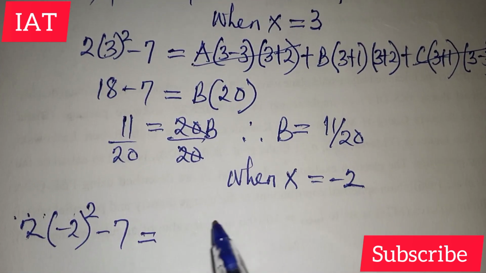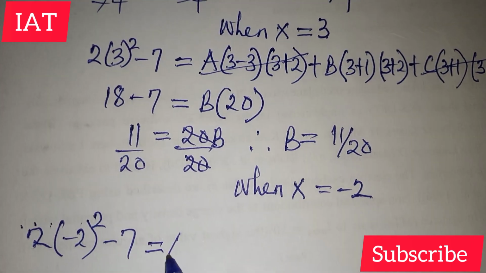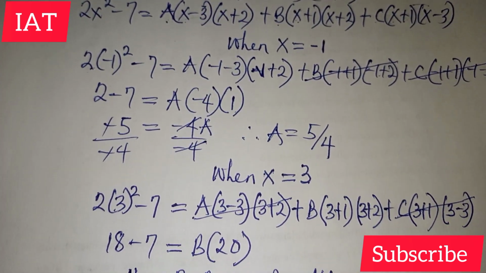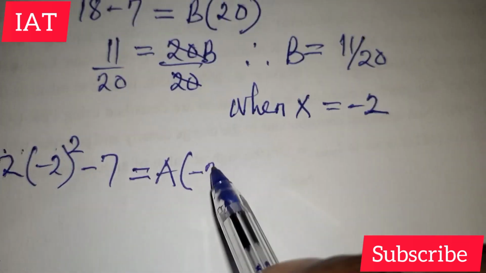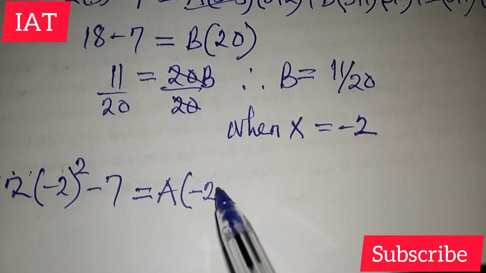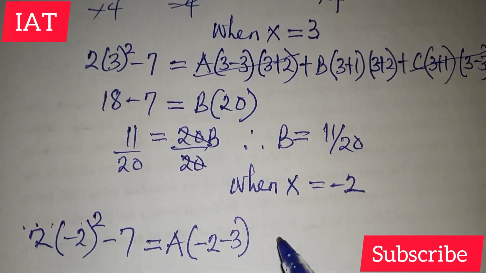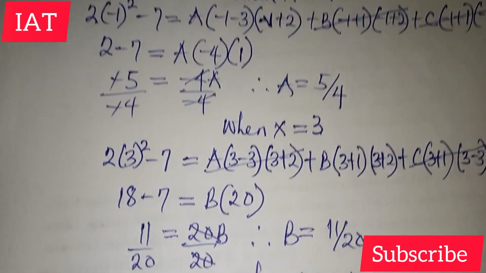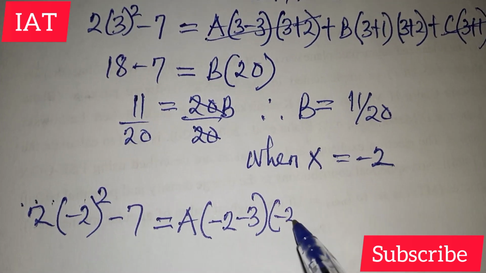Anywhere we see x, we replace it with minus 2. So we have a into, what do we have there? Minus 2 minus 3, plus, okay, we have another term there also, minus 2 plus 2.